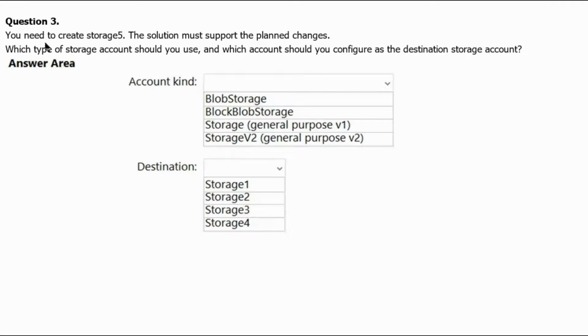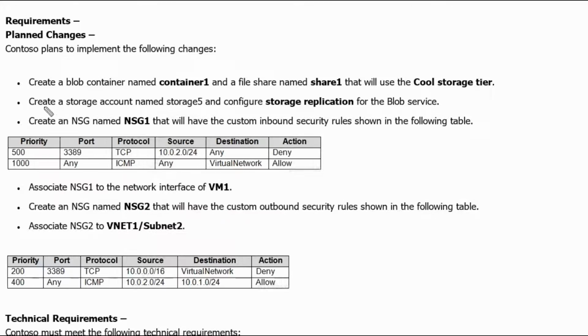Question 3. You need to create a storage account with the name storage 5. The solution must support the planned changes. Which type of storage account should you use and which account should you configure as the destination storage account? Let's see the planned changes. Create a storage account named storage 5 and configure storage replication for the blob service.